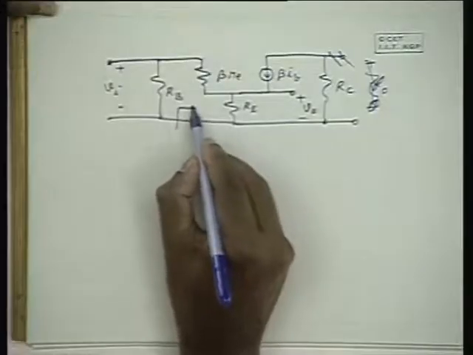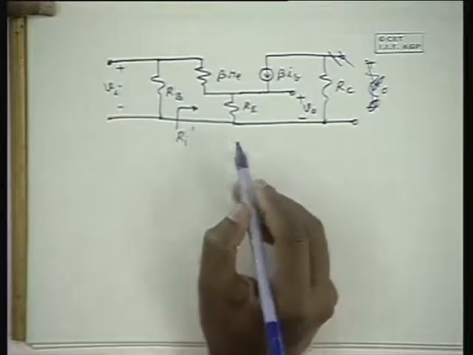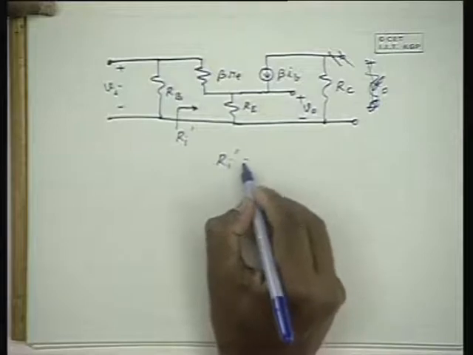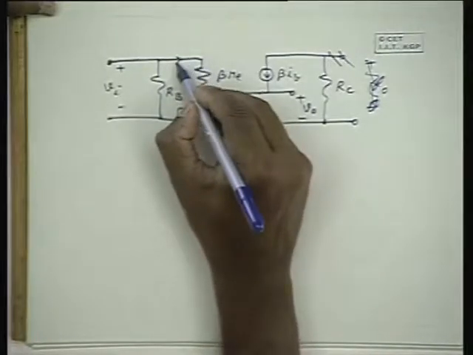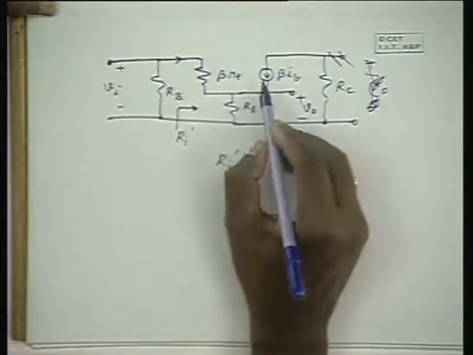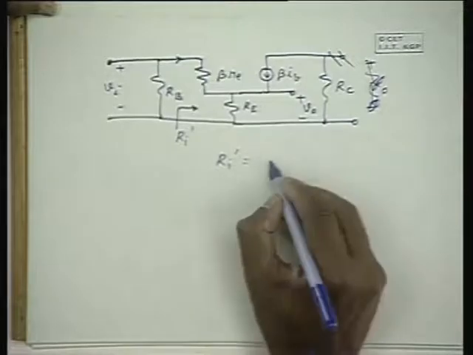And we know that the Ri dash here is equivalent to this resistance in series with this resistance, and this resistance is 1 plus beta times Re, as we have already obtained.